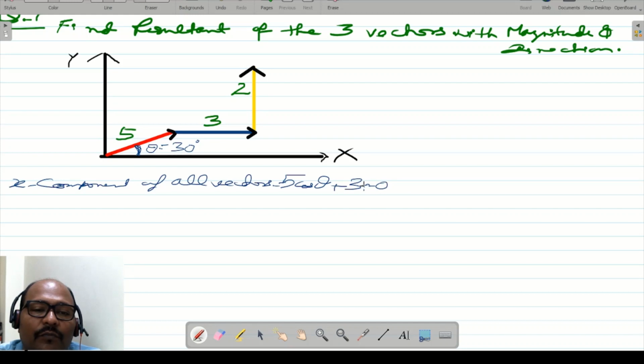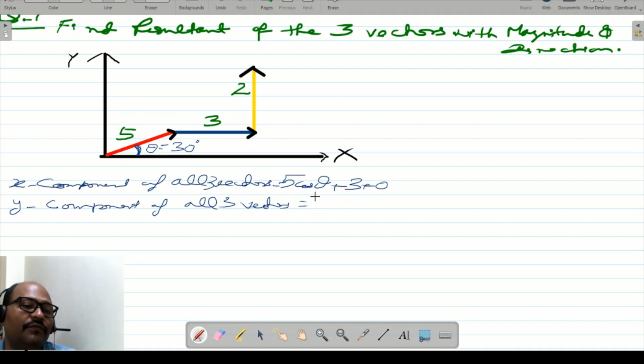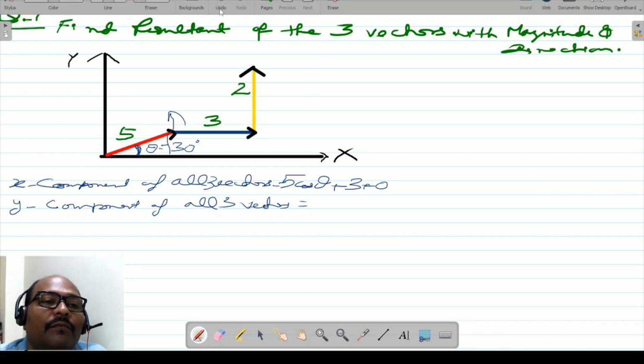This is the x component, okay? And what is the y component? The y component of all three vectors: one is 5 sine theta, okay? 5 sine theta will be in this direction. Try to make it very clear.